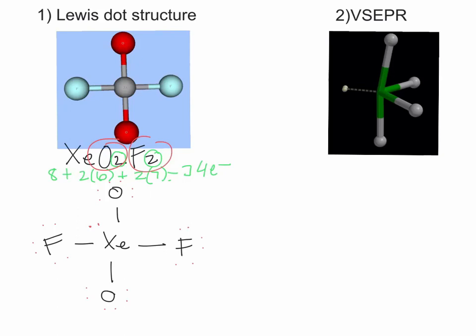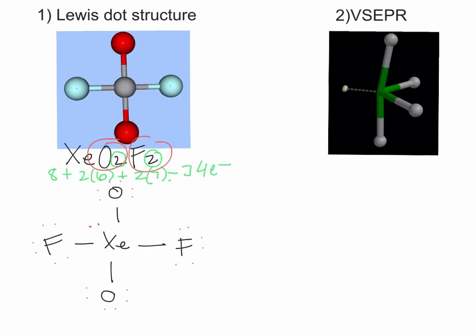This doesn't explain the impact that a lone pair has, its repulsion. That is the reason why VSEPR is very important to understand the geometry of the molecule.